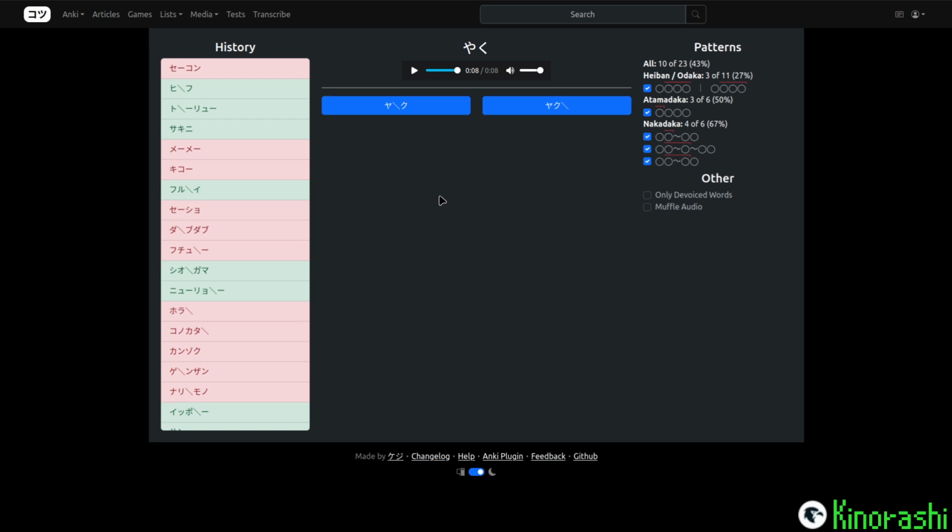Yaku. That sounds pretty even, so this is probably an odaka. Yes. Hima. Okay, that's sounding atamadaka.